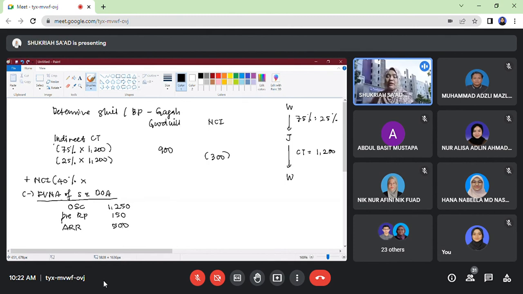If it is debit ARR, that means an overvalue. Overvalue means PPE must be reduced, so credit the asset or PPE and debit ARR. So the ARR here must be put in brackets because it is negative. Why is mine not positive 500? Because it is a credit ARR. The total comes to 1,900, times 40% is 760. Don't forget to transfer to the NCI column as well.